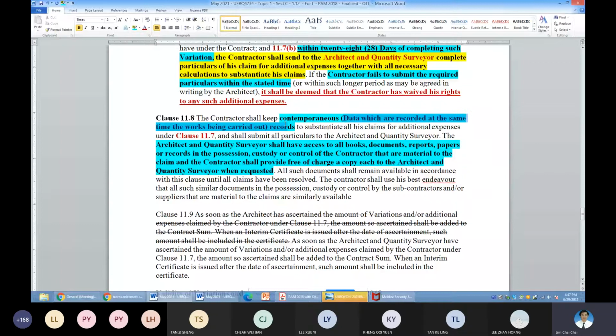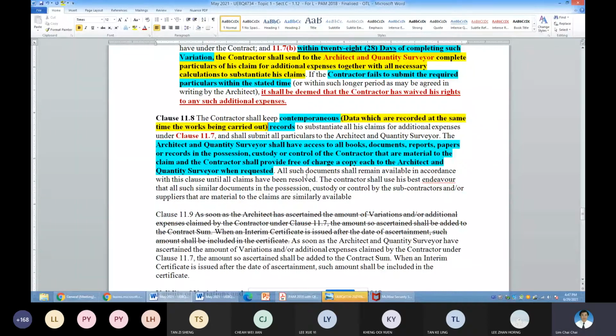What does that mean? To some of you may not be clear. If your work on the VO is on, let's say, July 2021, your data or the records must show somewhere between June, July, and August.